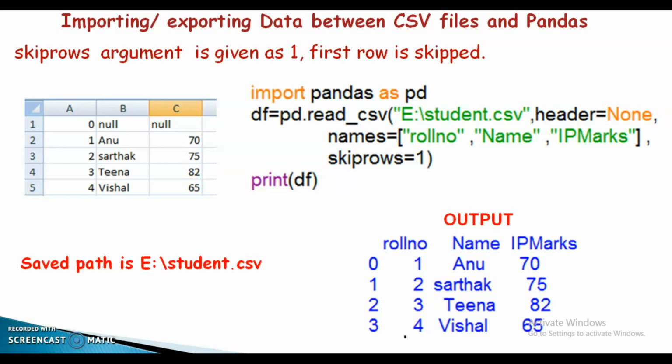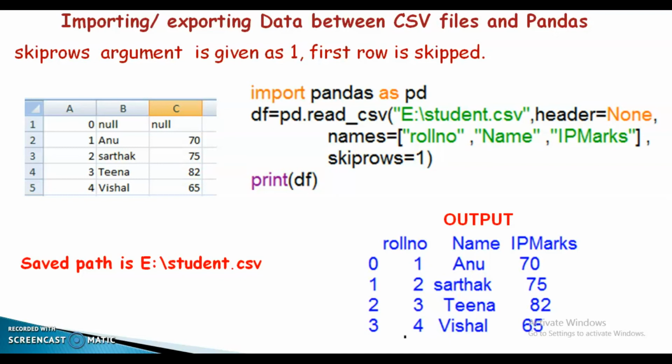Check this program. Import pandas as pd. Df is equal to pd.read_csv, then file path, comma, header is equal to None. Then we assigned some other column values by using the names argument, equal to roll number, name, IP marks. Then we use another argument, skiprows is equal to 1.